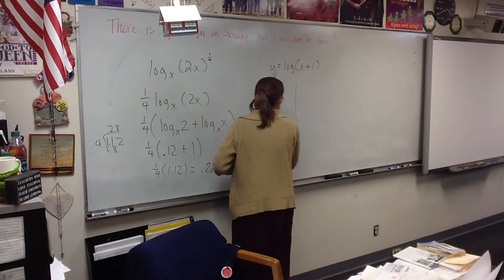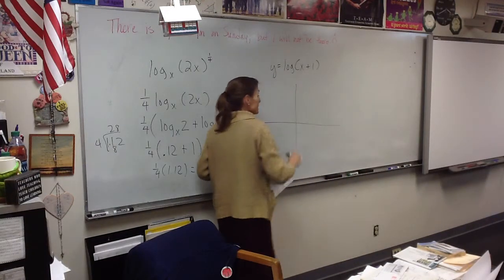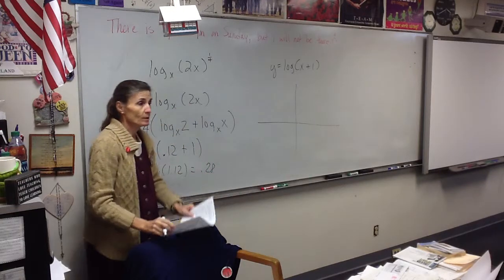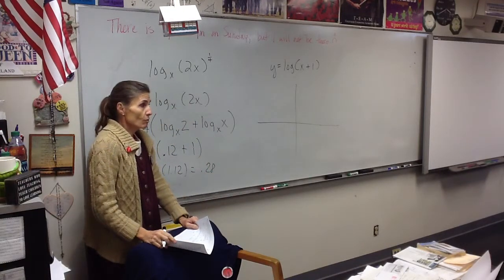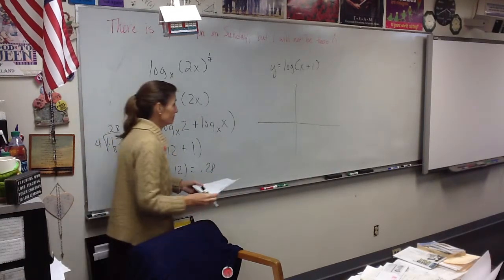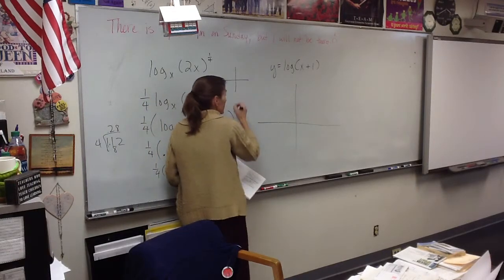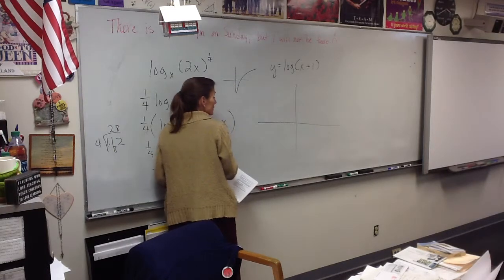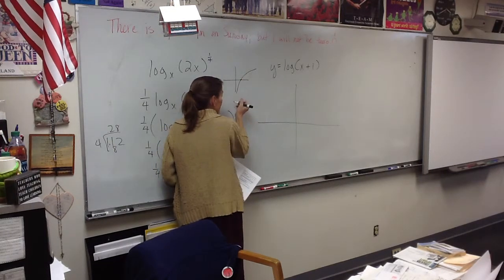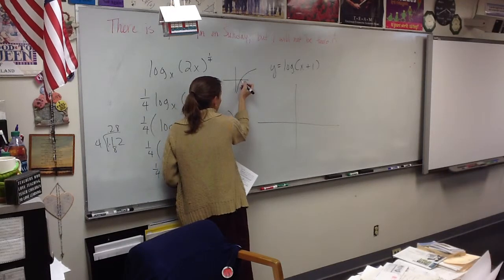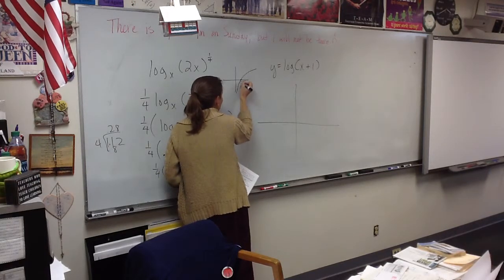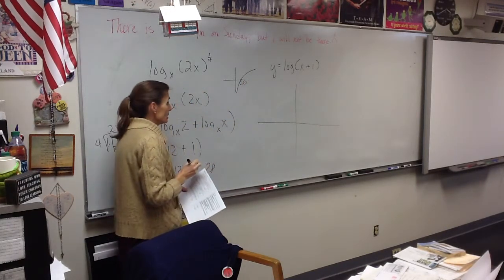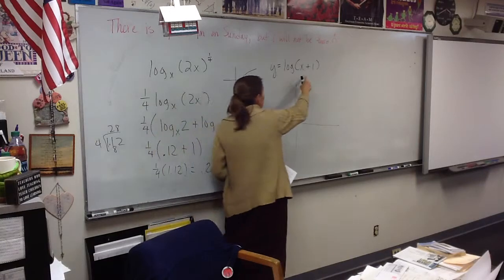So let's get a picture of this drawn first. This is a logarithmic function. What does the logarithmic function look like? It's like this. And what's that point right there? 1, 0. Now, what happened with this one?